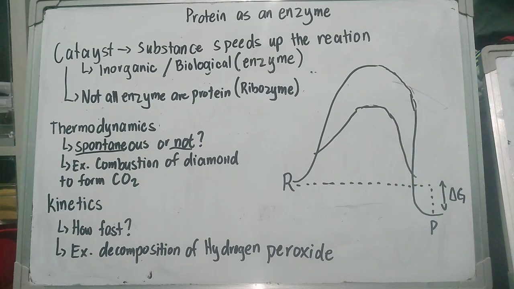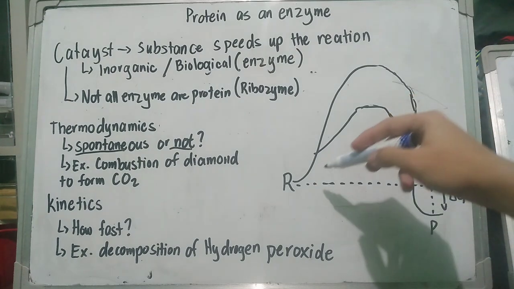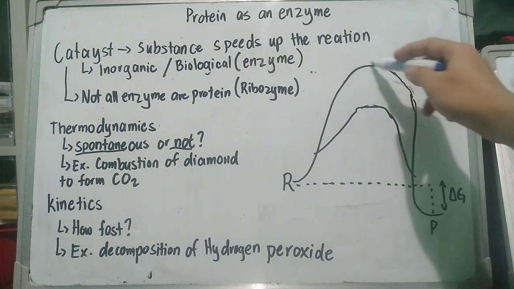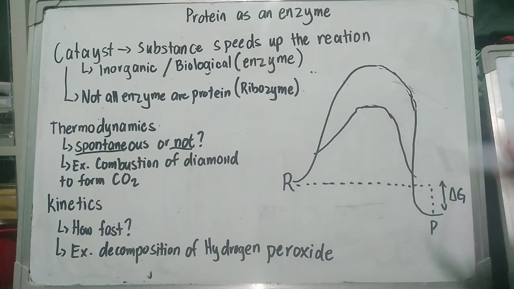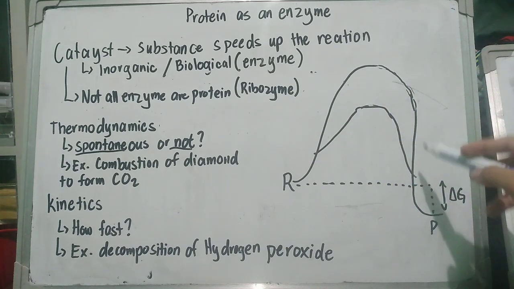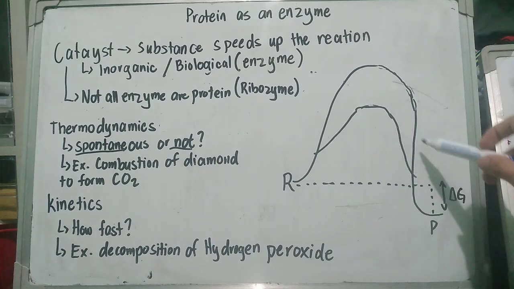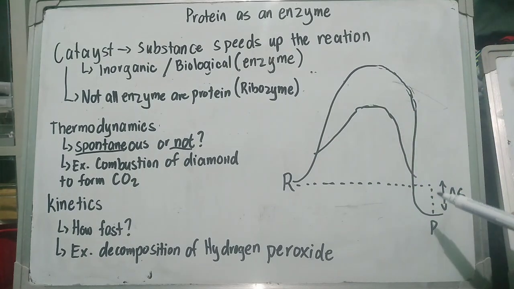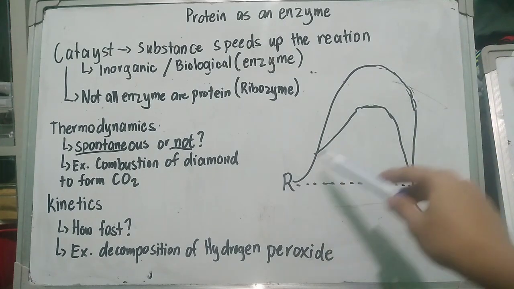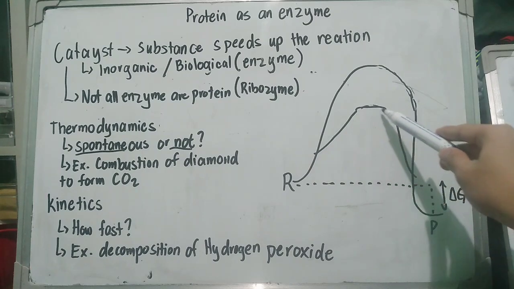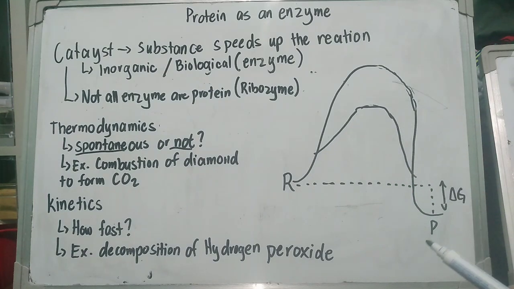This curve talks about the uncatalyzed reaction. As you can see, it is high, and since the curve is high, the reaction rate is slow. Meanwhile, this smaller curve is the catalyzed reaction. As you can see, it is small.